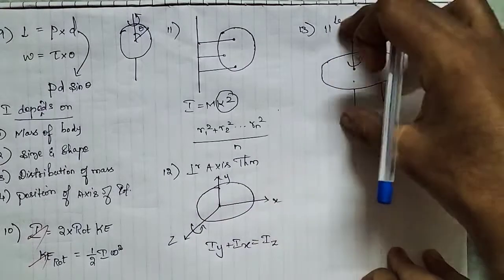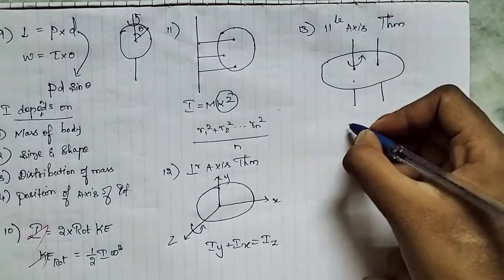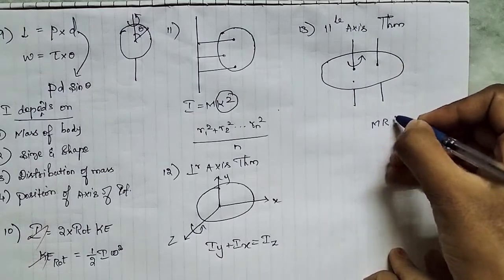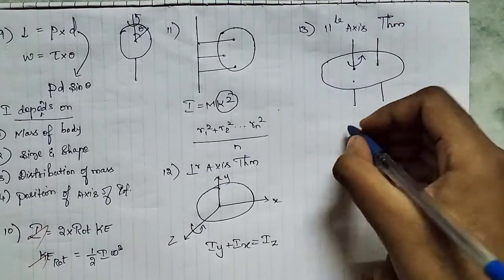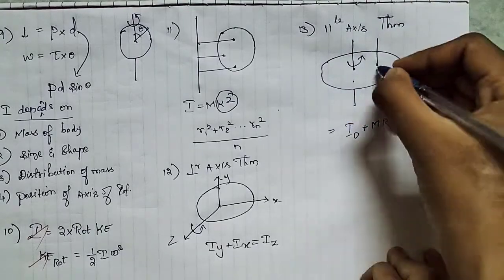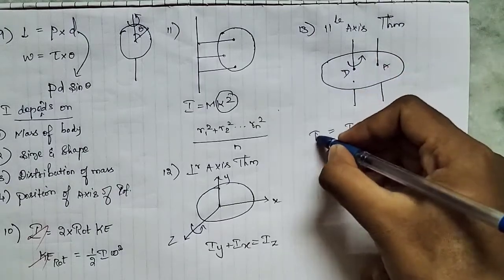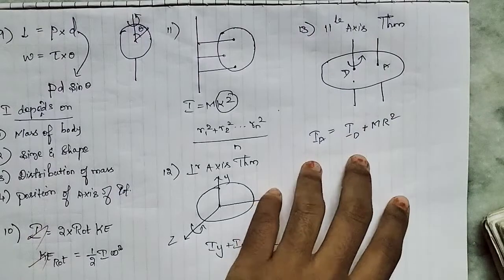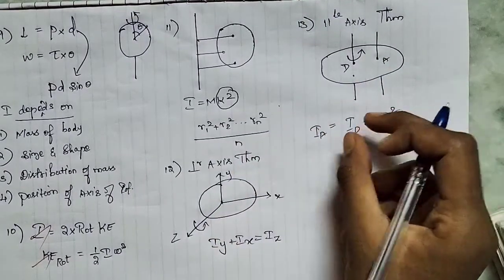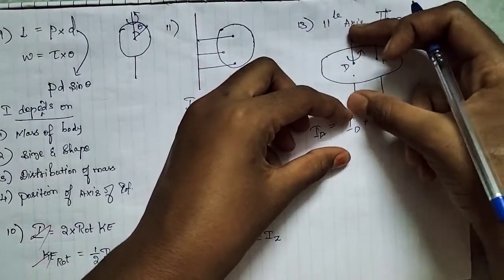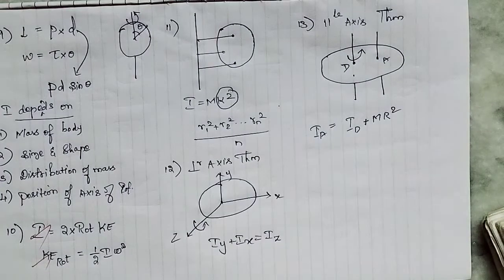If I find the moment of inertia about one axis, I can easily find it for the other. M r squared will be common, plus the moment of inertia I found about one axis. They are parallel to each other, so you can easily find the next axis's moment of inertia. Okay, clear?